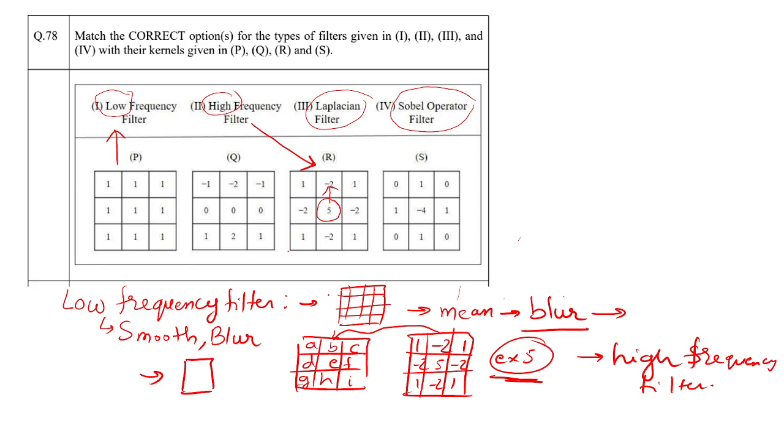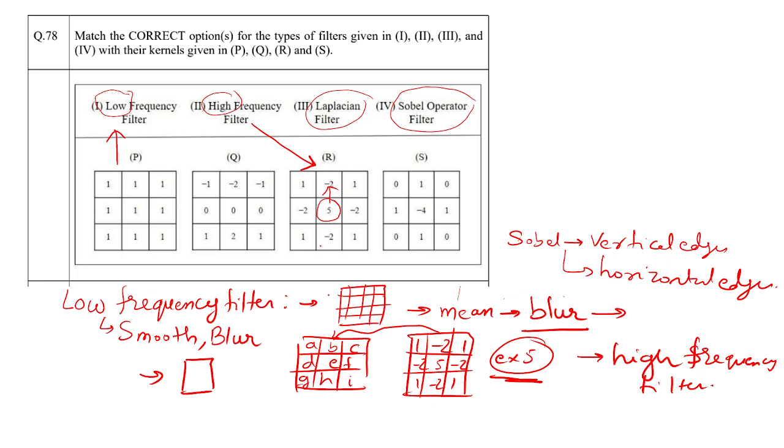Then the Sobel operator filter is one type which will either detect vertical edges or detect horizontal edges. It may be any one type.